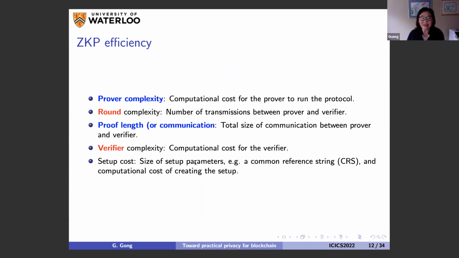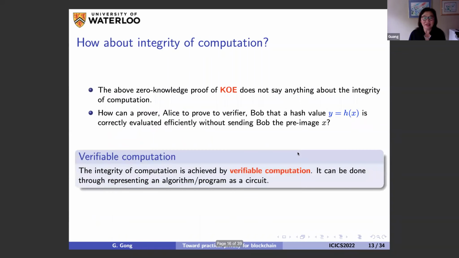Another cost is the setup cost, for example the common reference string used in zk-SNARKs. Many other schemes do not have much setup cost, except for zk-SNARKs.